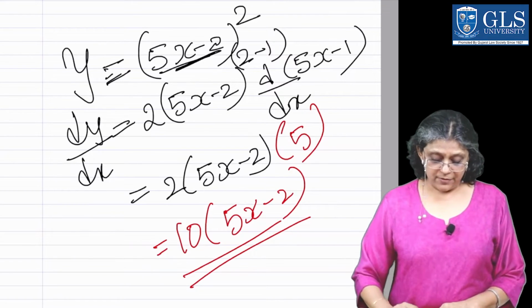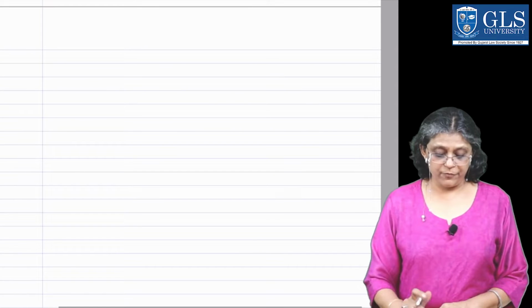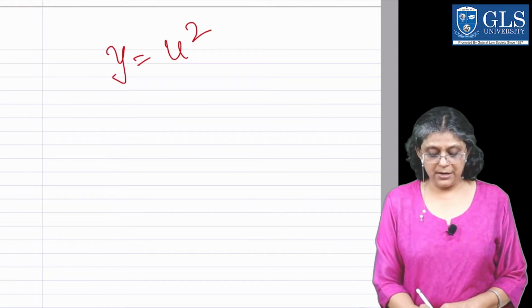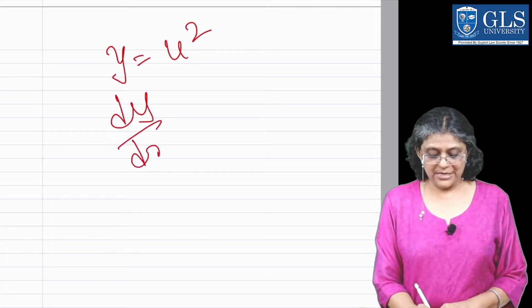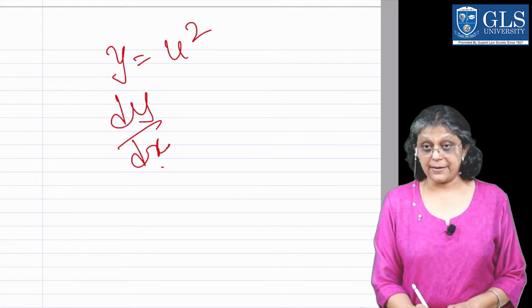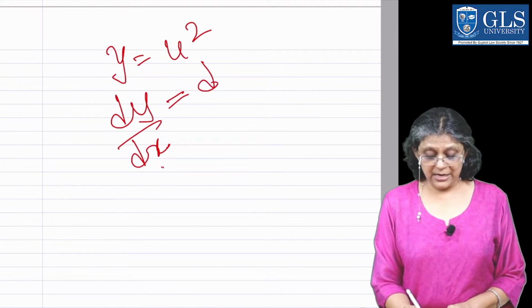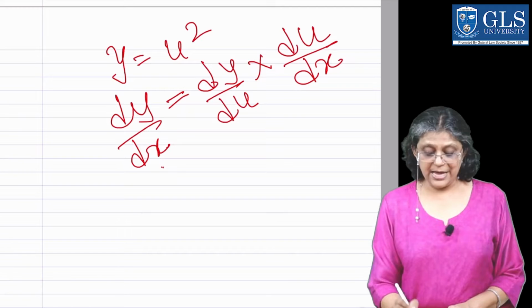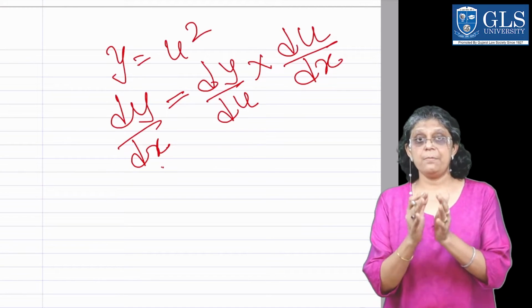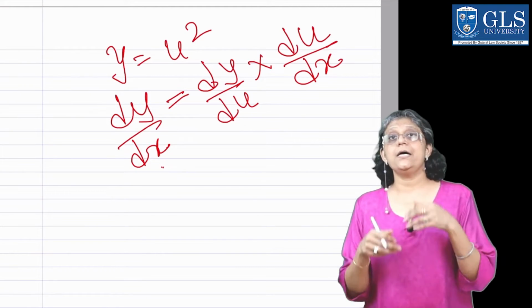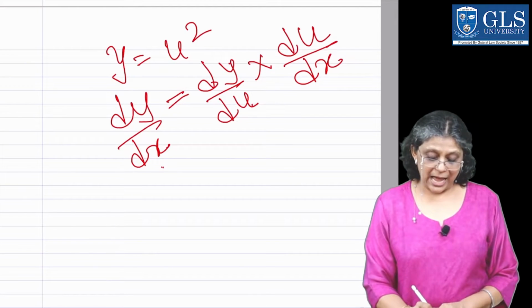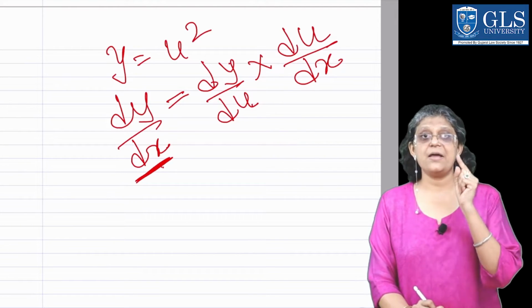So if I write in the form of u, if y is equal to u square, तो dy by dx, ये x है, तो मुझे क्या करना है, dy by du into du by dx. यानी पहले मैं y को x की तरह डिफरेंशिएट कर रही हूं, तो du by dx, but I want what? dy by dx.